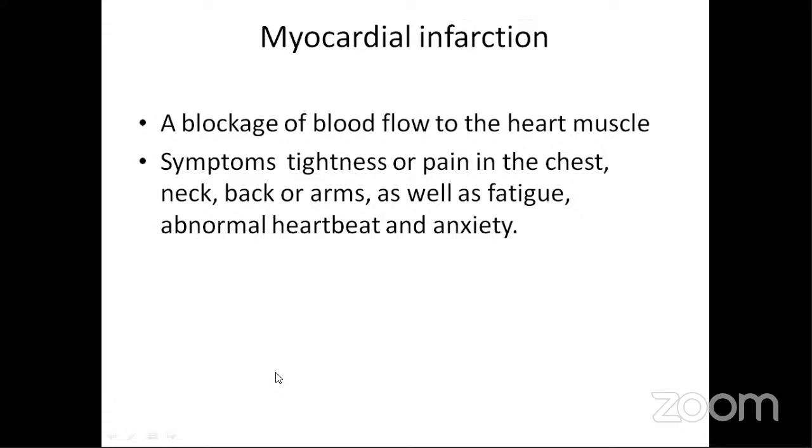And myocardial infarction, again, is a blockage of blood flow to the heart muscle. The symptoms are tiredness or pain in the chest, neck, back or arms, as well as fatigue, abnormal heartbeat and anxiety.